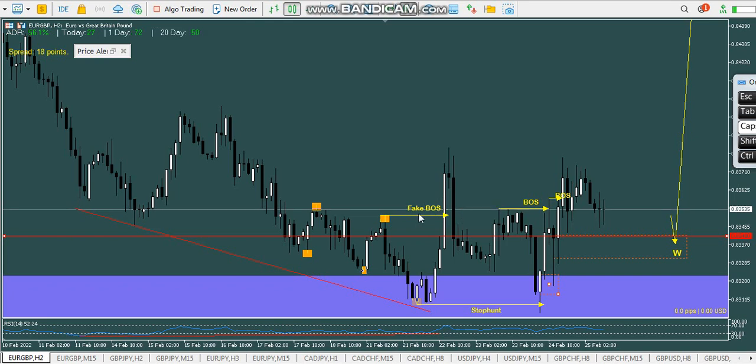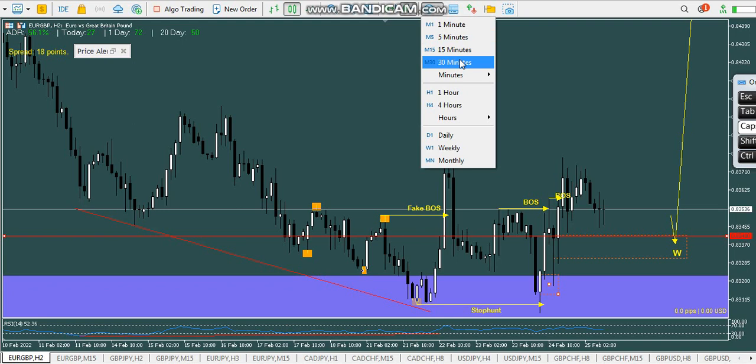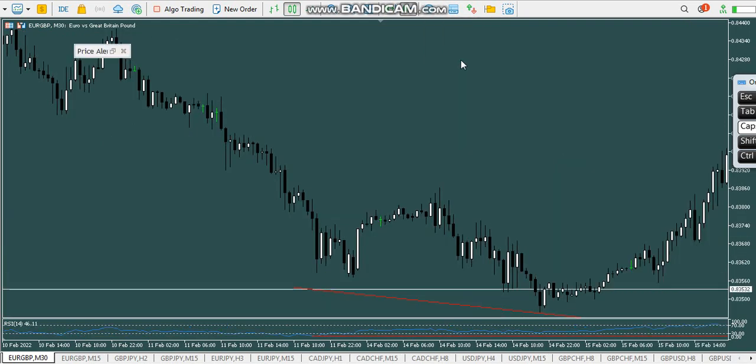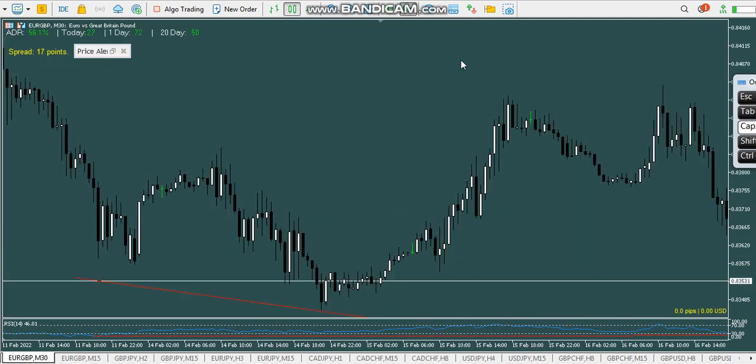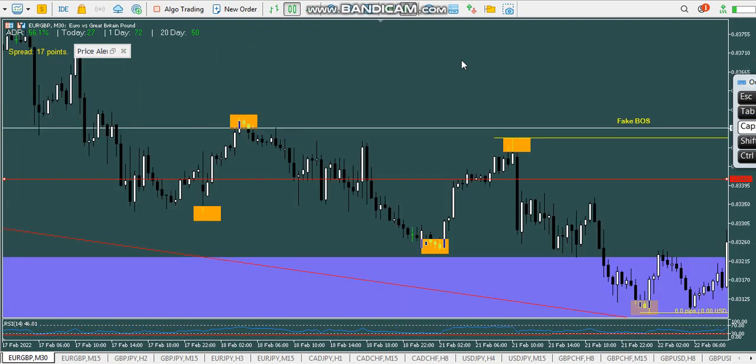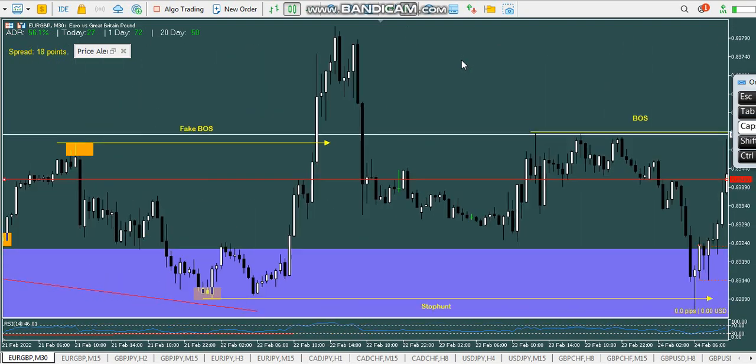Because after detecting this BOS, what did I do? I identified this area on the 30 minutes. On the 30 minutes, I identified this area. Let me show it to you guys. All right, after my BOS here, I identified this area.